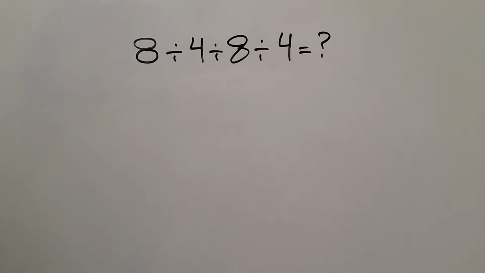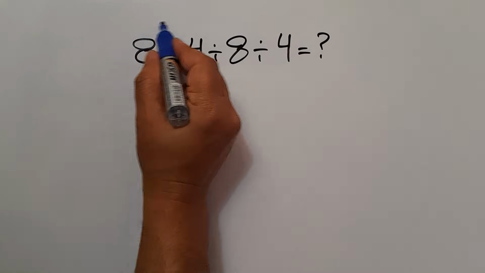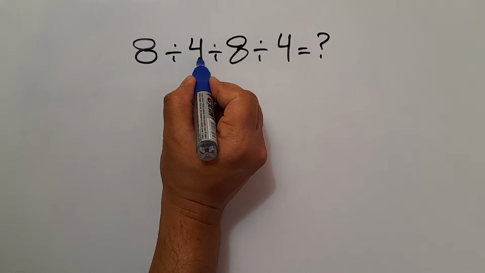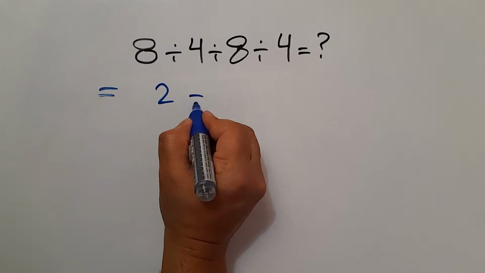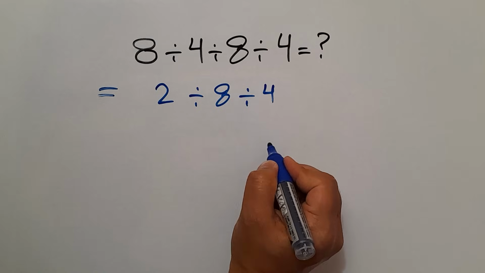Here is the correct path. We have here 3 divisions and we have to work from left to right. Okay, 8 divided by 4 equals 2. So 2 divided by 8 and again divided by 4.